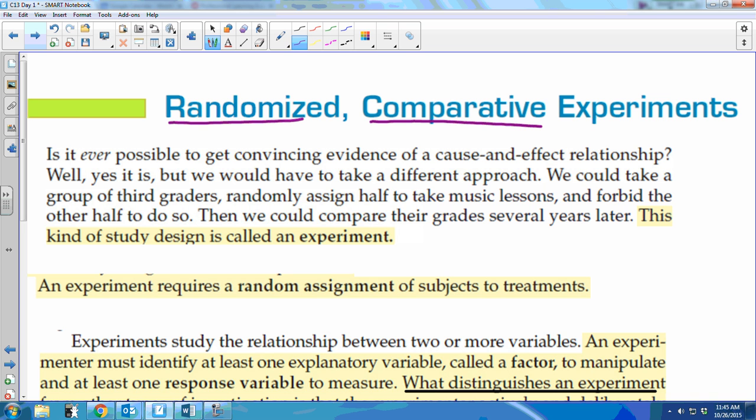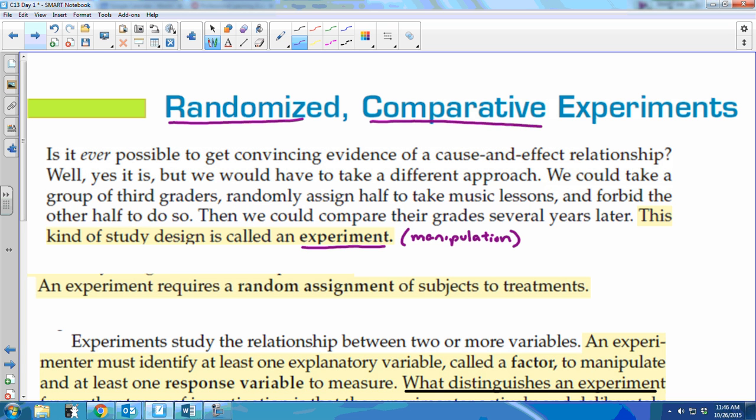tomorrow. All right? But if you are going to take people or plants or animals or whatever, and you're going to put them into groups, and you're going to manipulate them in some way, then you're doing an experiment. So an experiment involves some sort of manipulation. I'm not meaning like psychologically. I'm just saying like you're going to somehow do something.